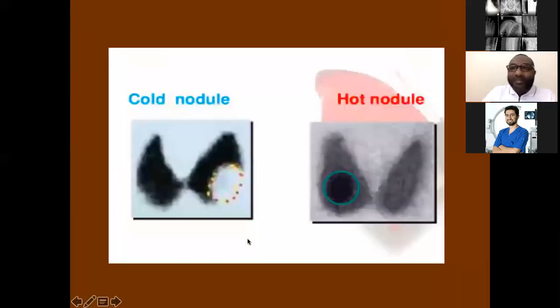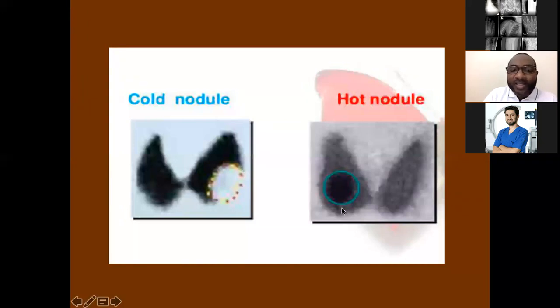Now, again, it's important, like I said, the two terminologies that are very useful for us whenever we are evaluating patients with a thyroid abnormality are a cold and a hot lesion. Now, a cold lesion means that there is no uptake in that region of the thyroid. So if there is no uptake, it means that whatever pathology is there has displaced the normal follicular cells. So this area will appear as cold.